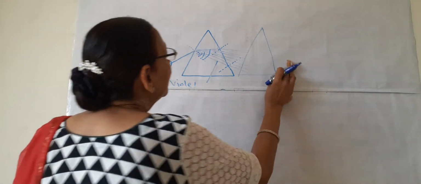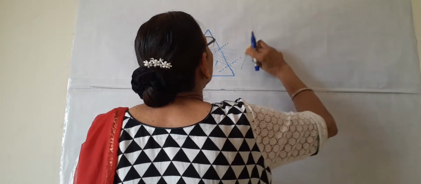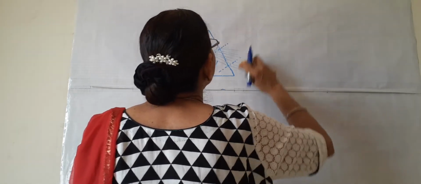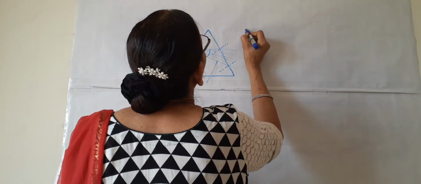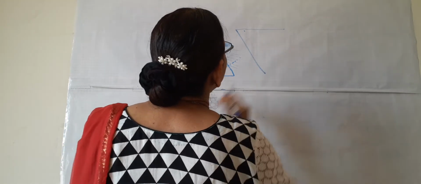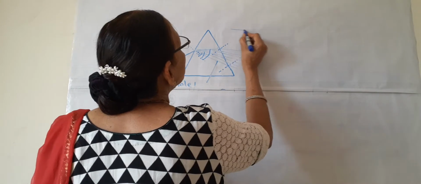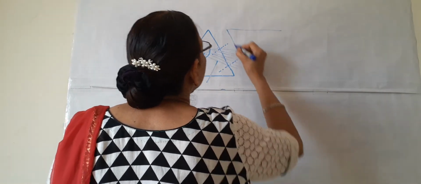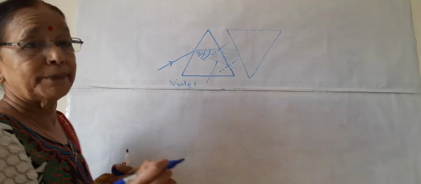So he did an experiment which is known as Newton's two prism experiment. He put an inverted prism close by, not very far, in front of this prism.